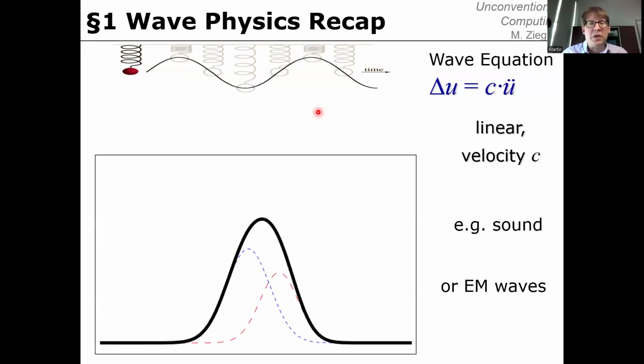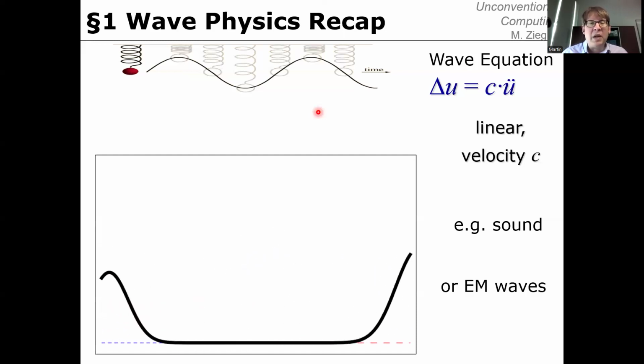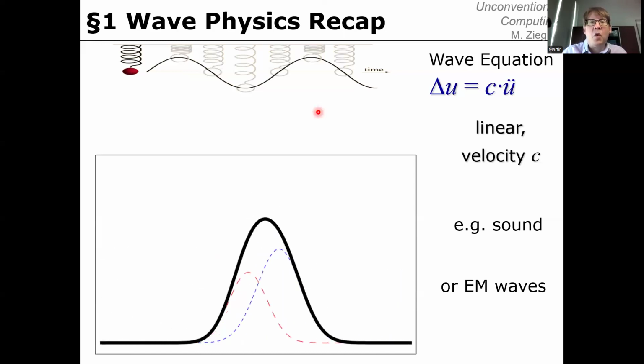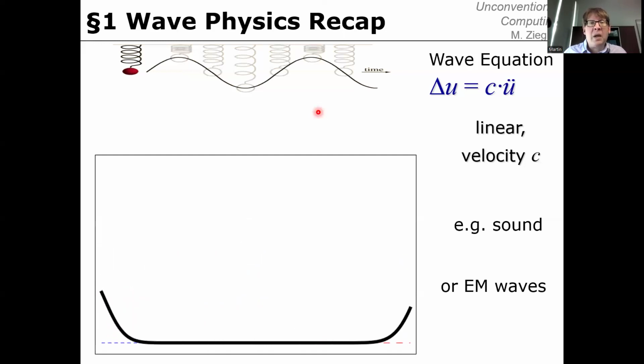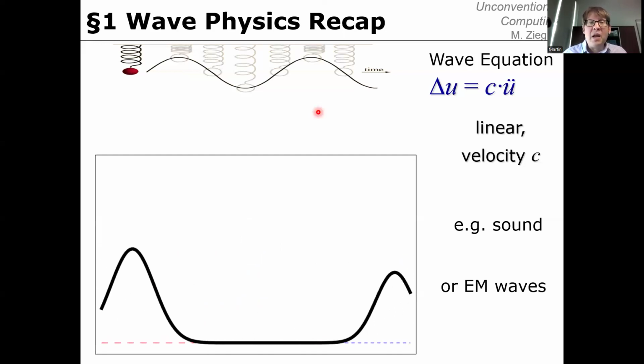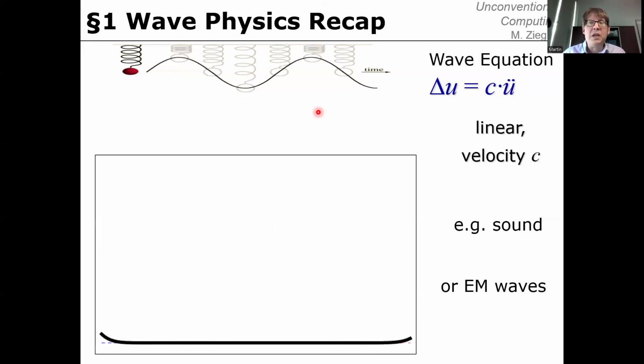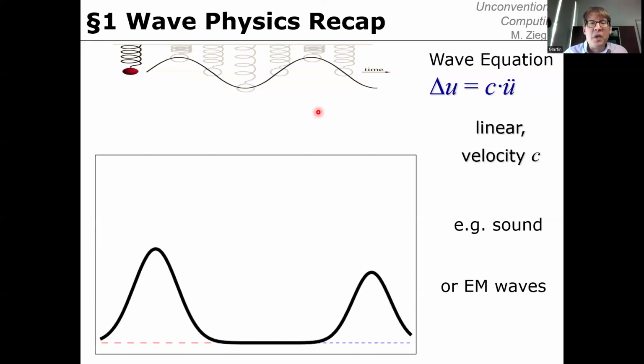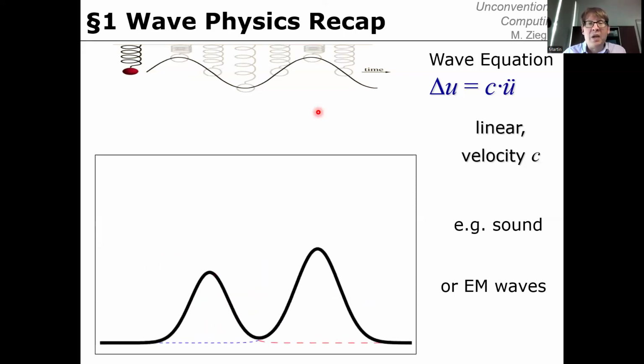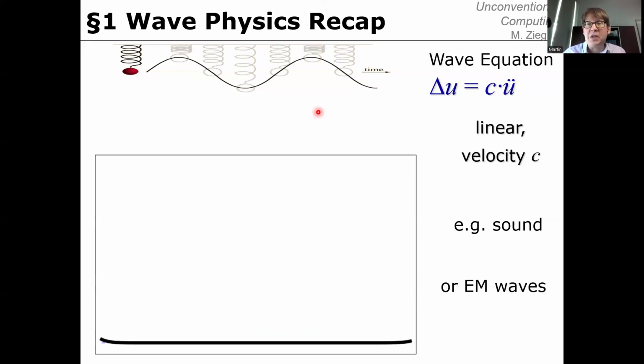Electromagnetic waves, which are radio waves or light. Also, you can have two lights turned on simultaneously, and it will just be the two lights moving in different directions.